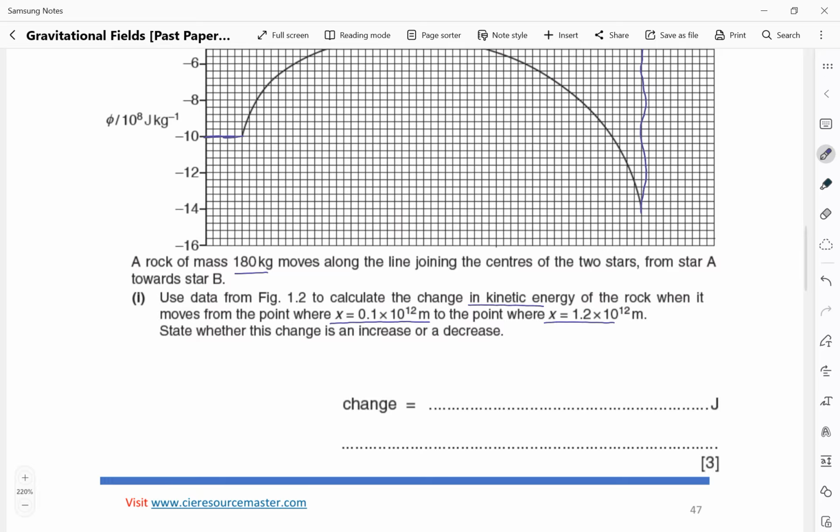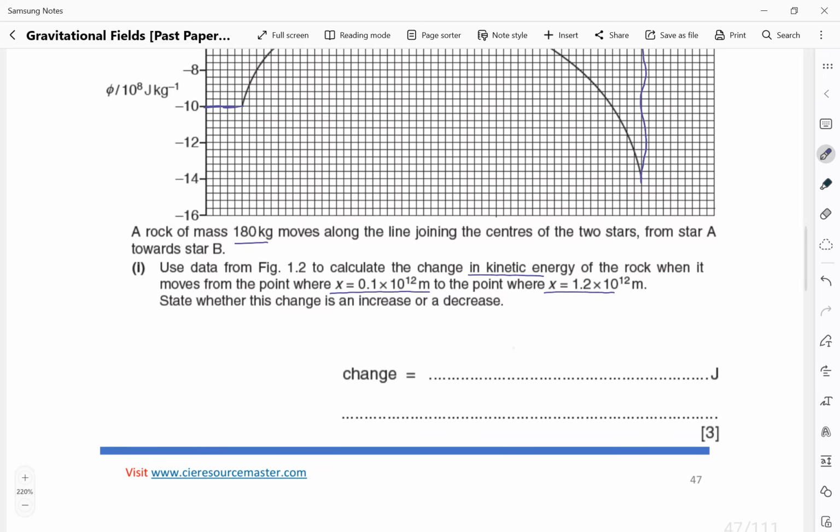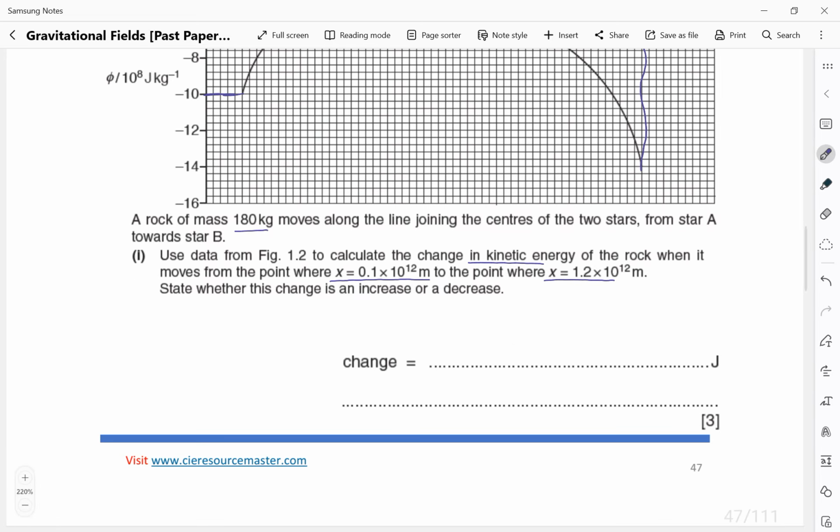So by conservation of energy, the change in kinetic energy should be equal to the change in potential energy if energy is to be conserved. And that means the change in kinetic energy, which is the same as the change in potential energy, is going to be equal to the mass times the change in potential.